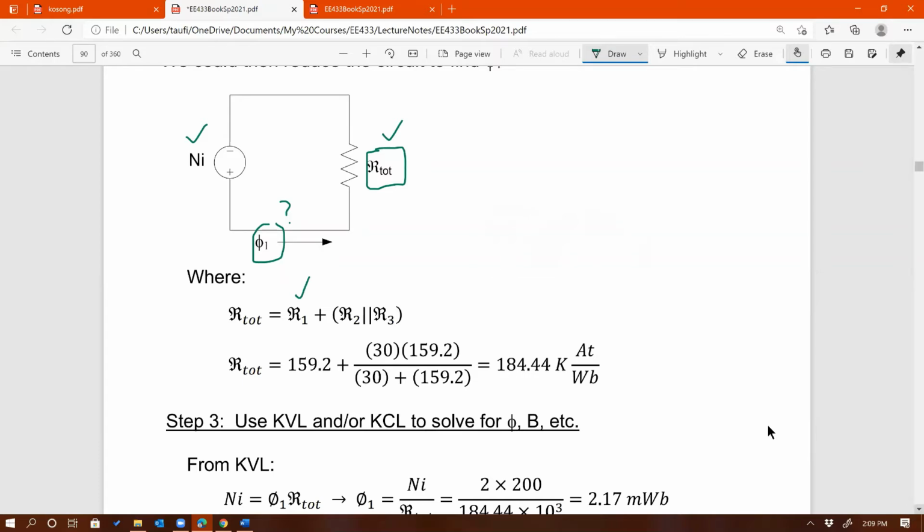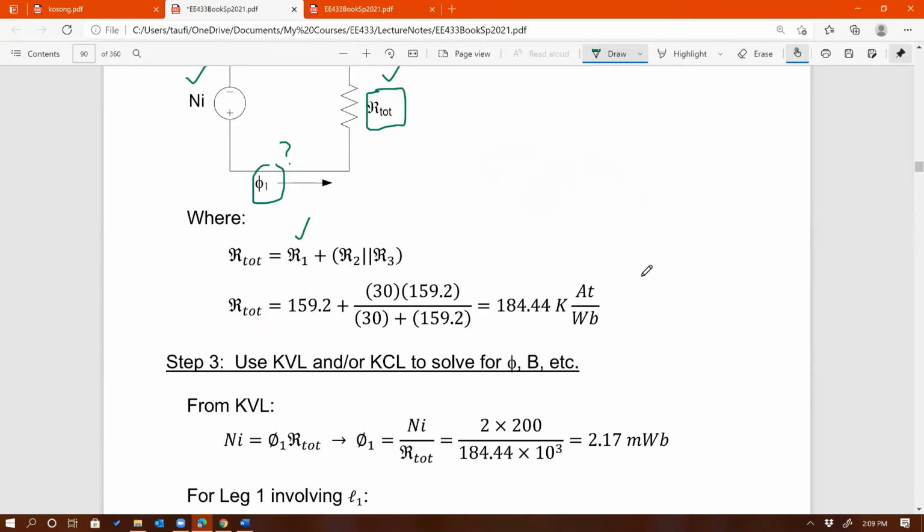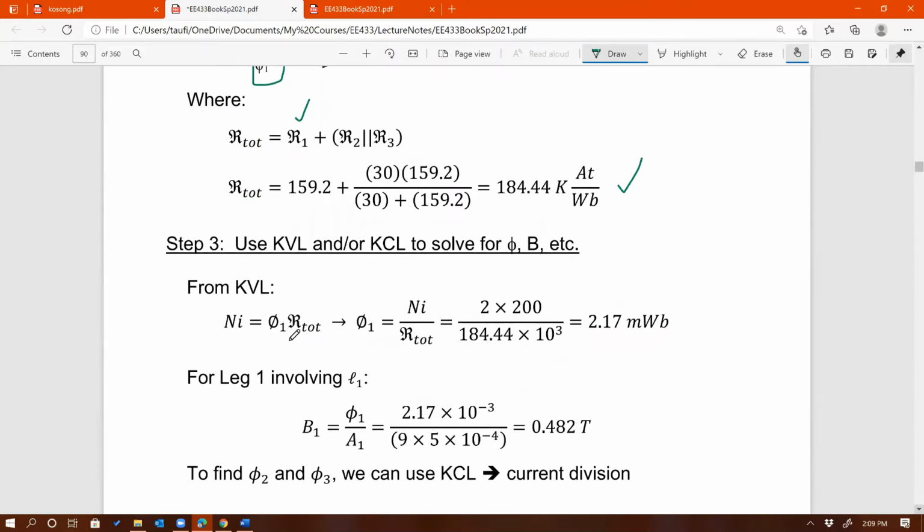That's going to give us the total reluctance. And again, following Ohm's law, quote unquote, you get the flux right there. That flux is equal to Ni over R, the MMF divided by the total reluctance. That gives you the total flux on the left side of the core, okay?